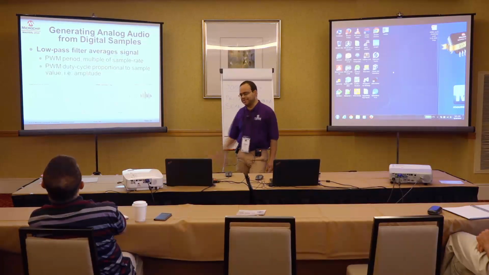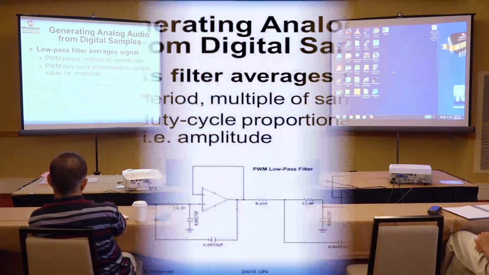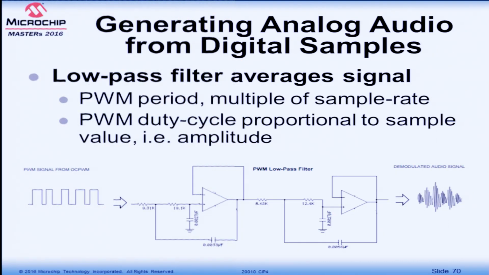So here is an example in practical life where you can use the on chip op-amps to generate a low cost audio signal. Instead of using an external audio codec or external DAC chip, you can just generate some PWM waveform using output compare or high speed PWM. In this case, the PWM period would be correlated with the sample rate of that audio signal.